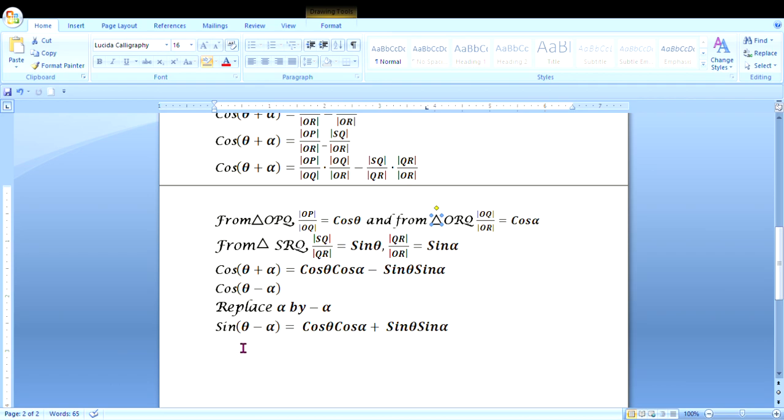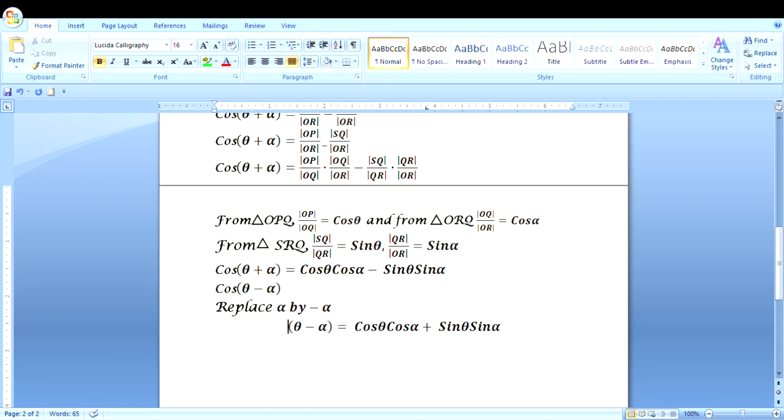And this becomes cos theta minus alpha is equal to cos theta cos alpha, here the sign changes to plus sine theta sine alpha.